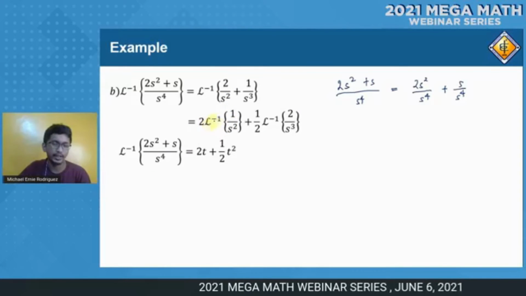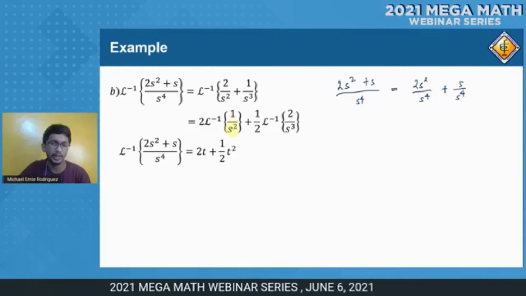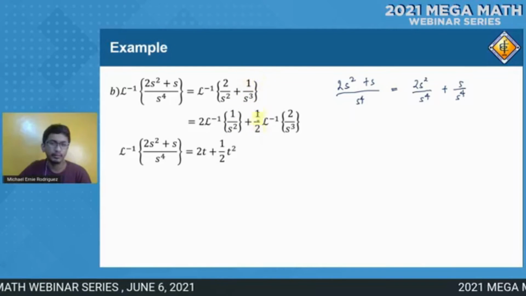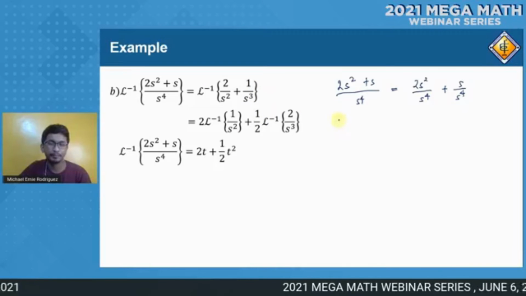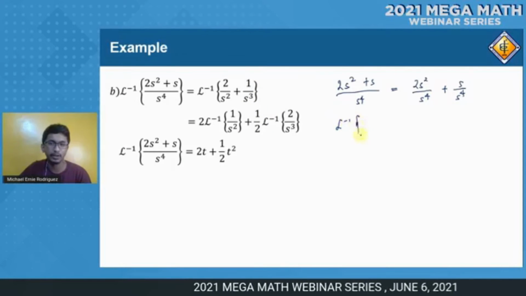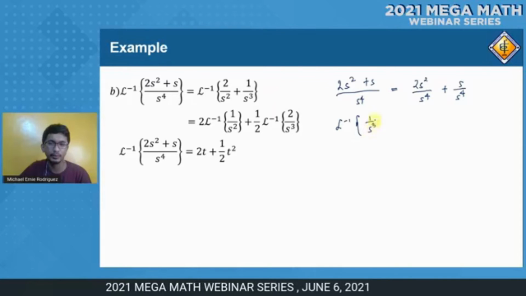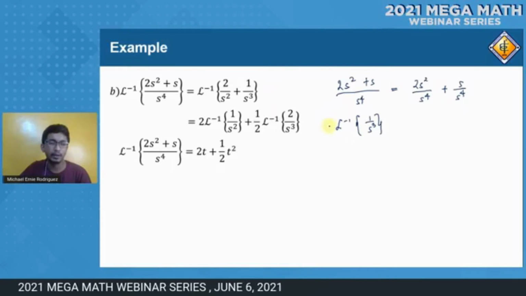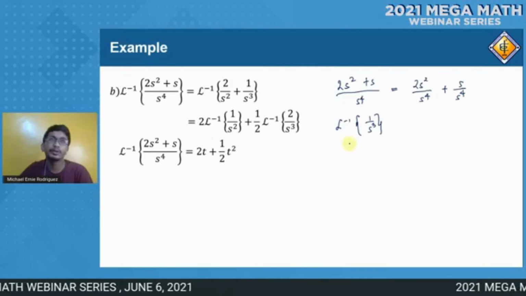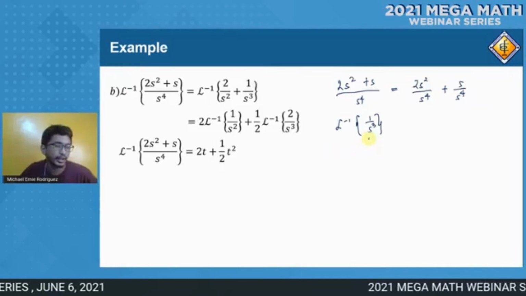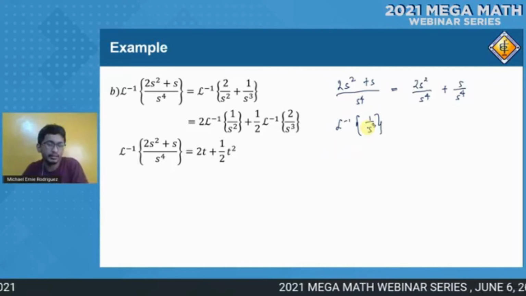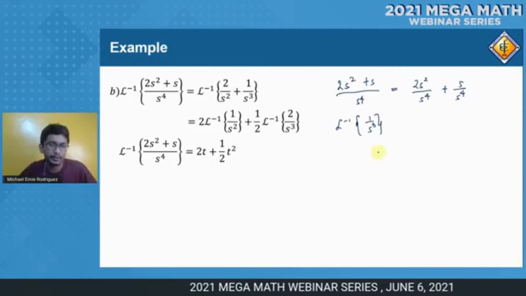So, we have 2 inverse Laplace transform of 1 over s squared plus ito, baka magtaka kayo bakit may 1/2. So, from the second term, di ba, inverse Laplace transform of 1 over s cubed. Sa ating table, this is formula number, again, number 3. So, formula number 3, we have t squared.